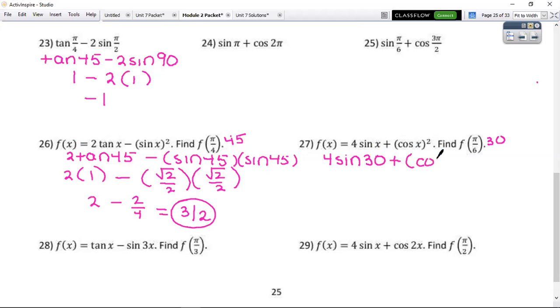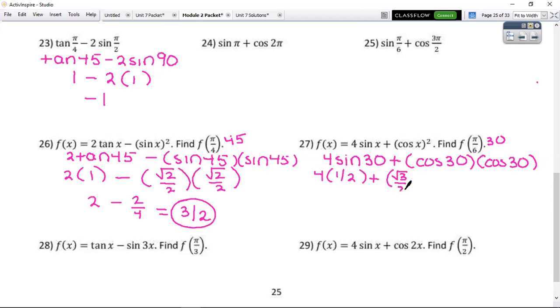Because squared means write it twice. Cos of 30. All right, so I have 4 times a half. And then plus cosine of 30. Do you guys know it without looking? Excellent, radical 3 over 2.